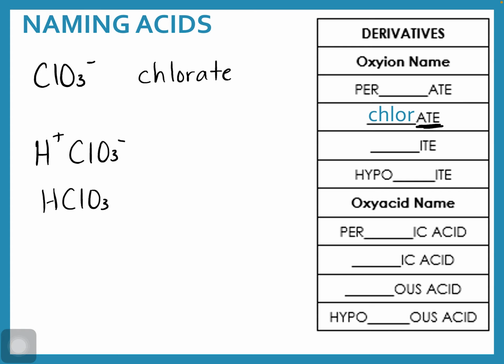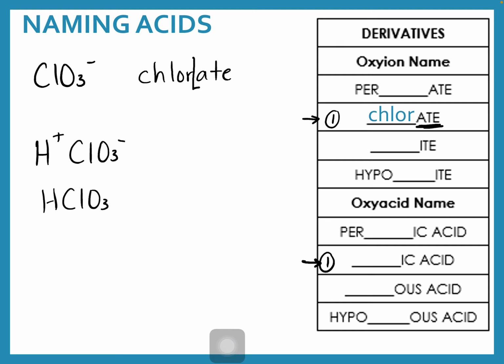To name that, we can see that this is our starting point, so we're going to call it 1, but it is the second thing here. And so for our oxyacid name, so this is our acid made from our oxy ion, I'm going to go down to the second thing here. So anything that is an -ate becomes an -ic acid.